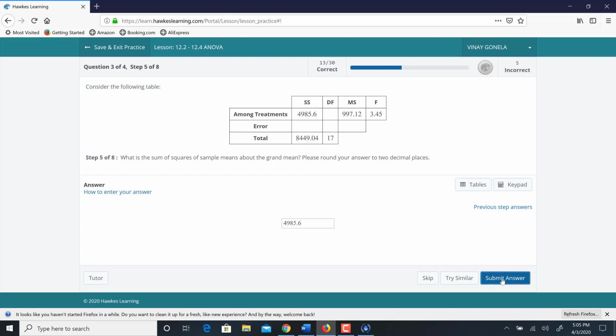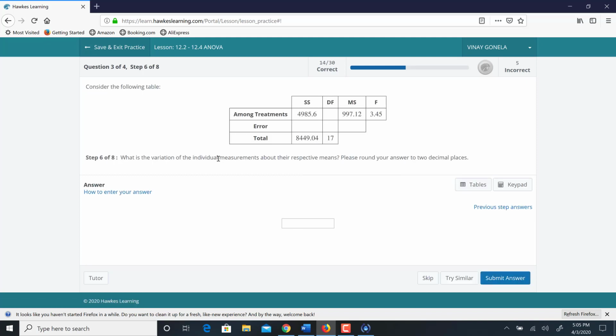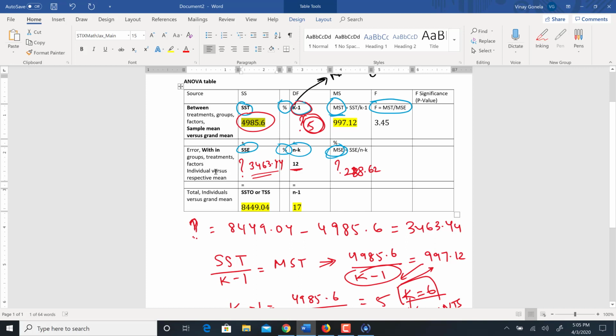So I will do this, and then what is the variation? When they say variation, it is the sum of the squares of the individual measurements about their respective means. So if you go to our sheet, it says individual versus respective mean.